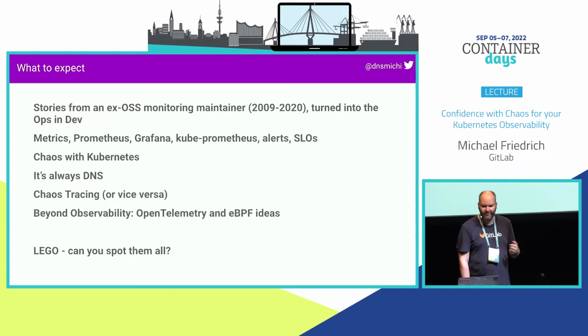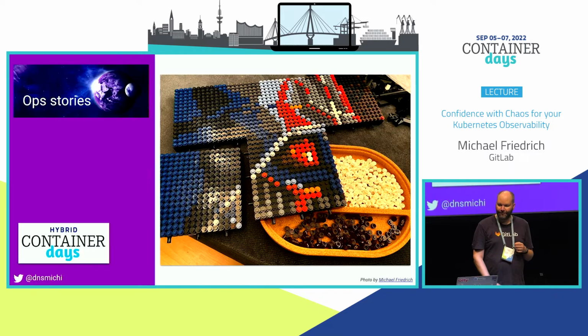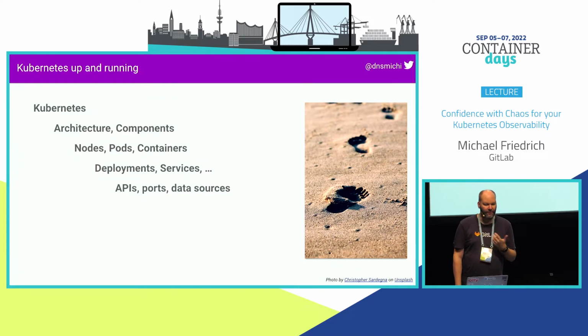And then we're diving into chaos with Kubernetes, talking a little bit about DNS again, chaos tracing, and some ideas and stories around beyond observability, OpenTelemetry, and obviously you might find some Lego images between the slides, so you might catch them all. And I want to start with some ops stories on how we approach this.